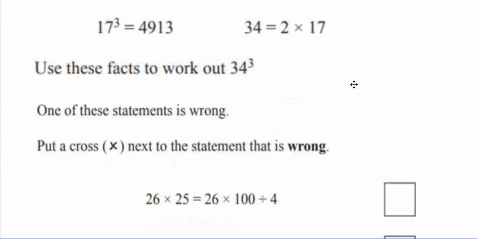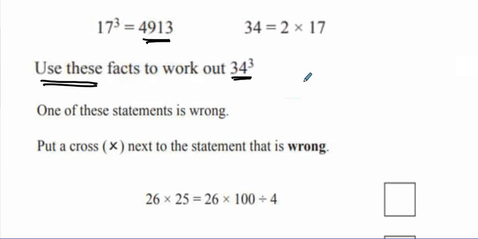You are given that 17 to the power of 3 is equal to 4913, and 34 equals 2 times 17. Use these facts to work out 34 to the power of 3.